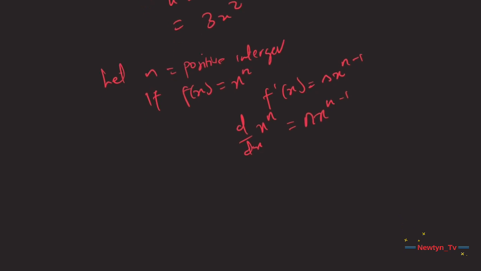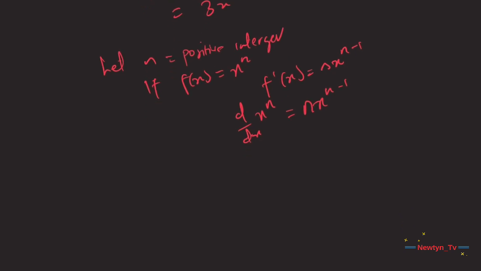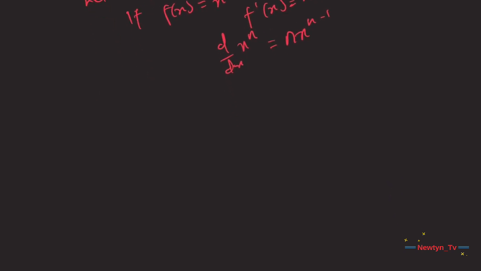So we can prove this. Let's prove that very quickly. We have f(x) = x^n, where n is a positive integer, right?